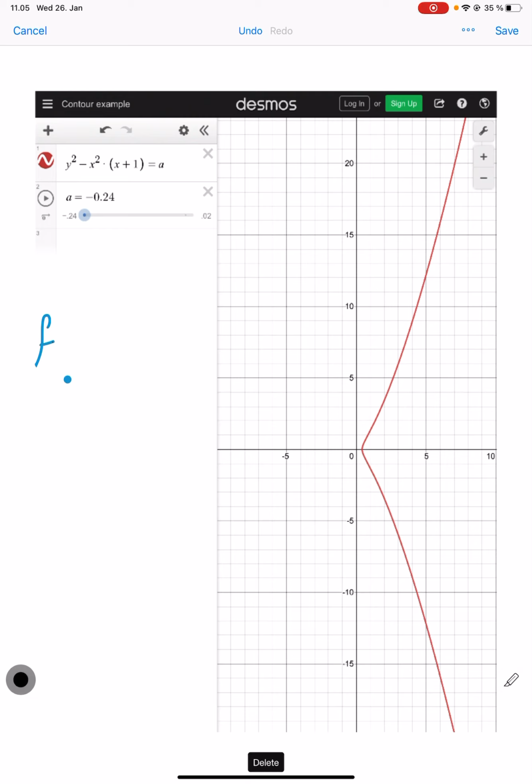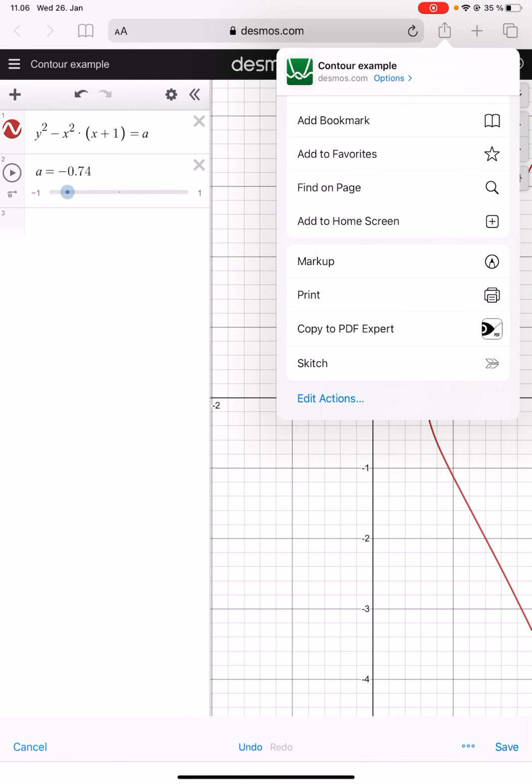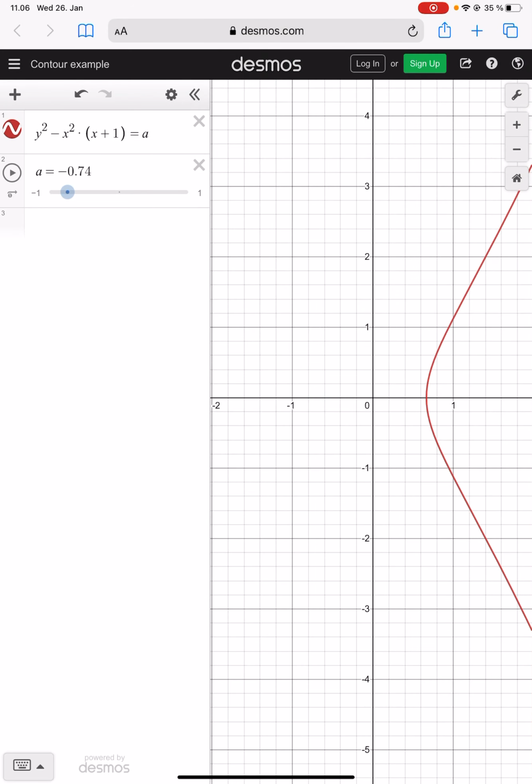So f goes from R2 into R, and that function is given up here. And when you fix A in R, the picture you will see in here will be my fiber, the preimage, f inverse of the set Z. Sorry for this. This was working before. But that's all you need here.